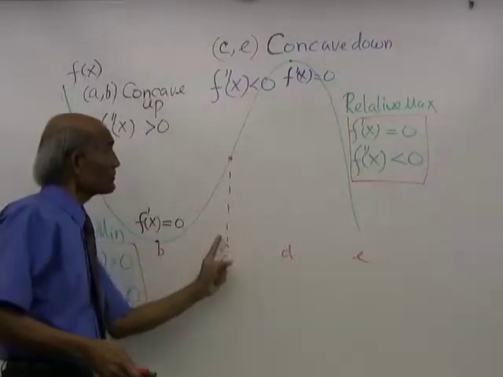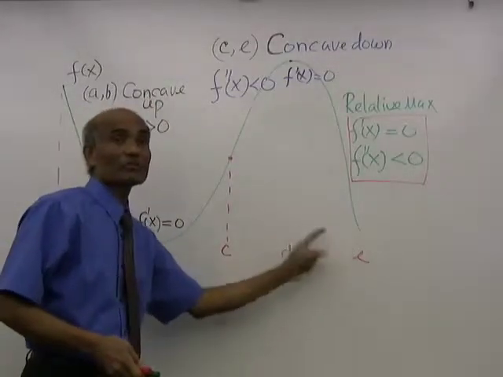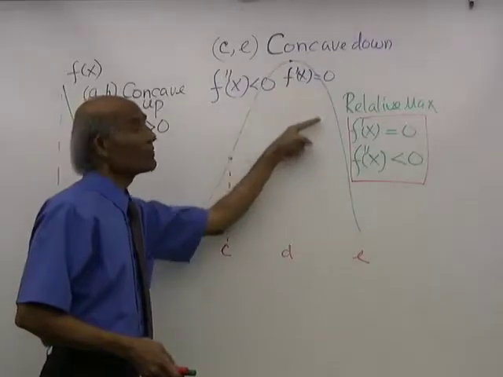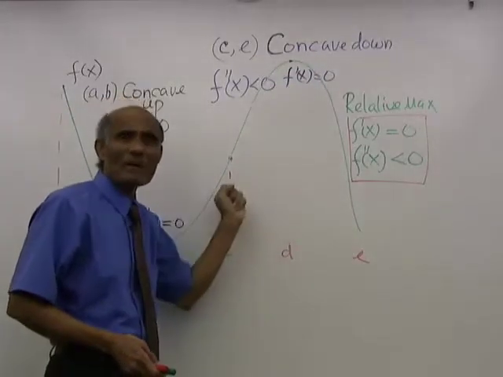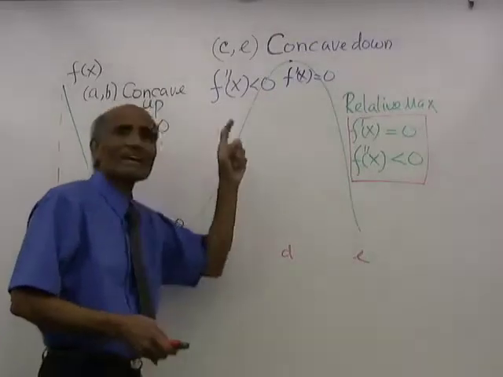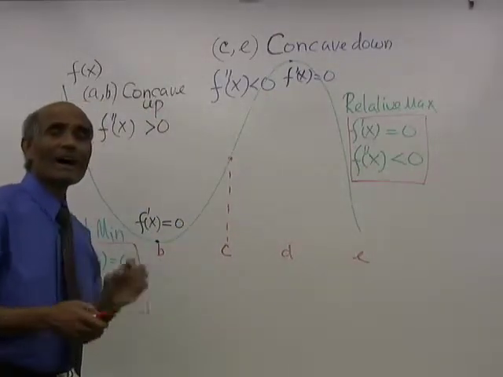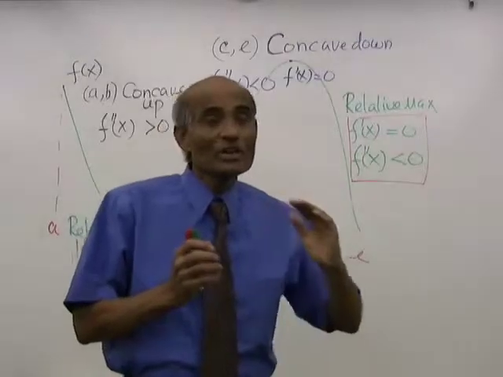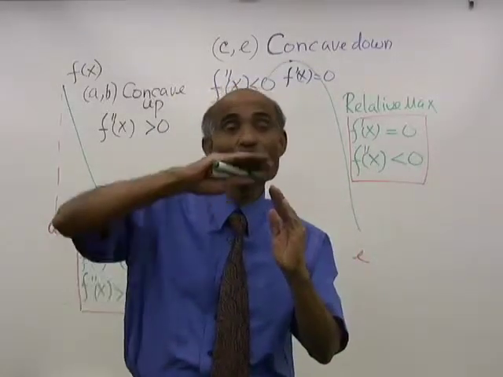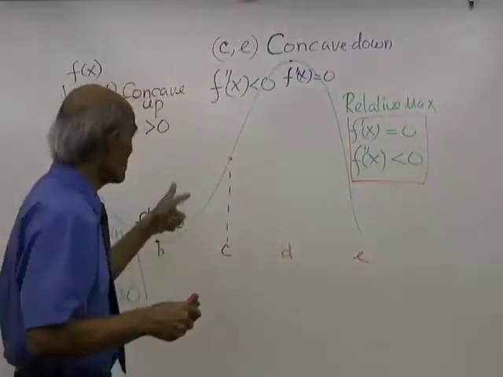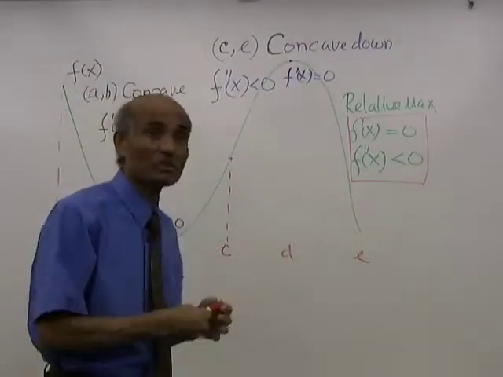And from x equal to c to x equal to e, the graph of the function is concave down. That means, how about at x equal to c? At x equal to c, you change from concave up to concave down. So c is the point of transition.